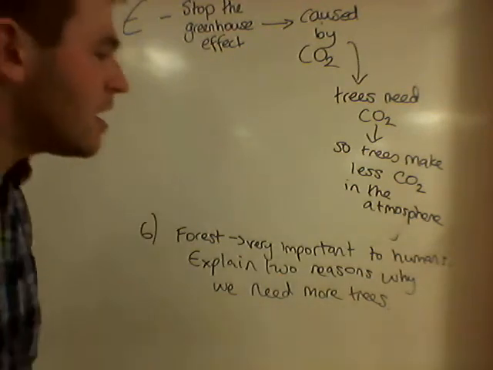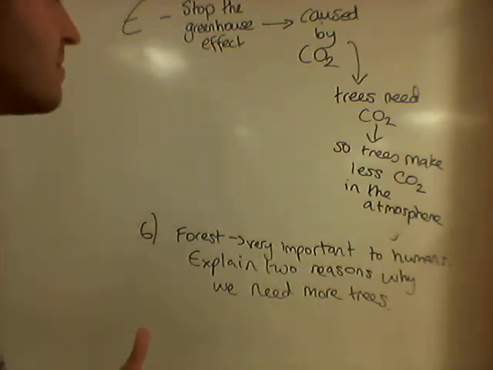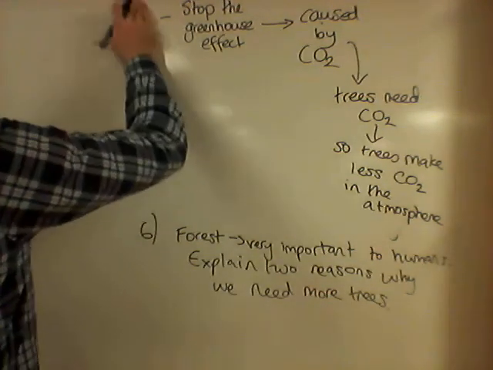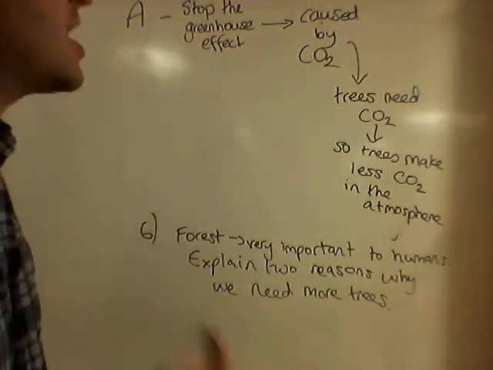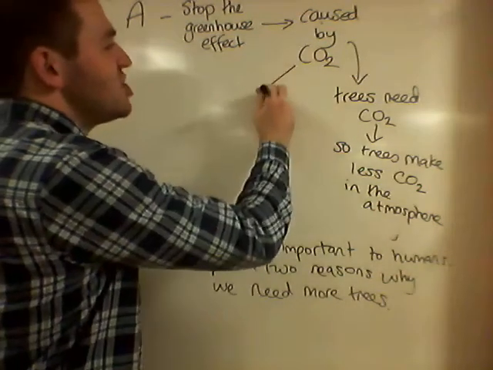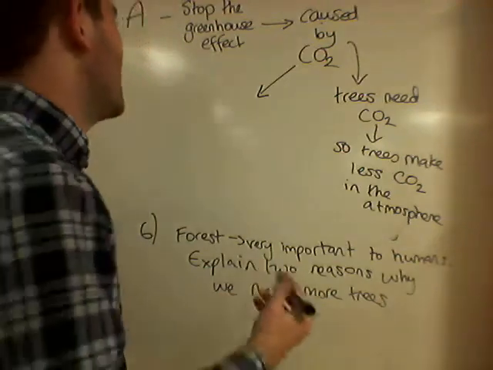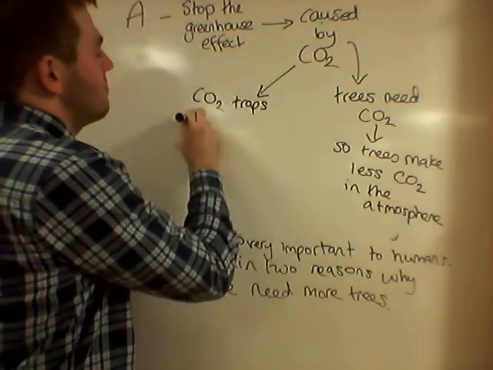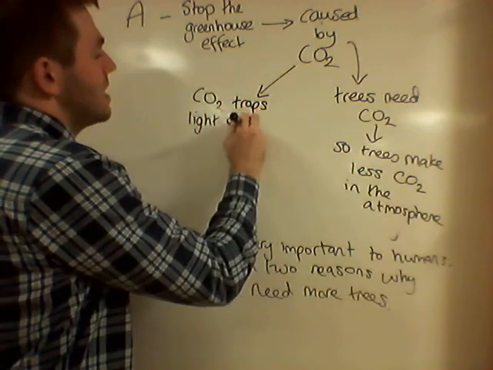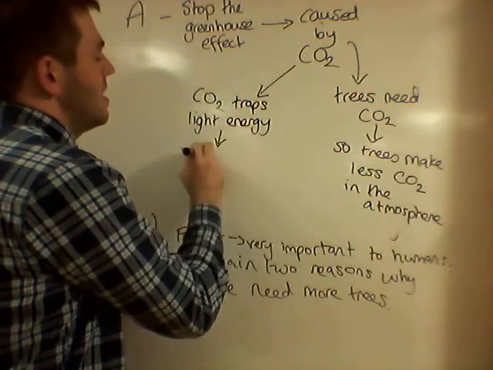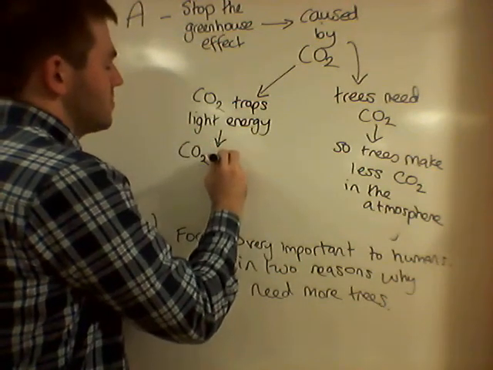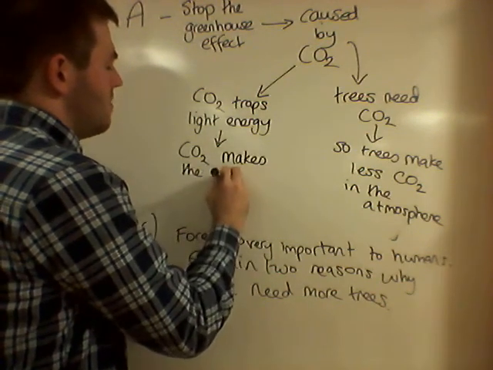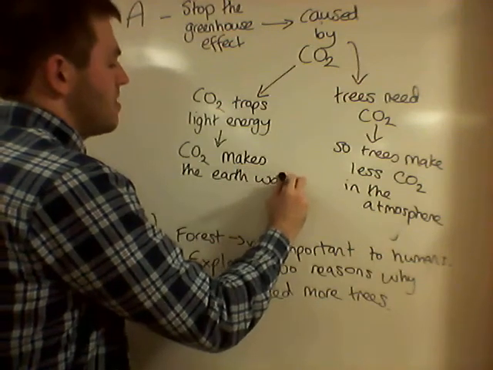That would be one idea up at the C level. If I'm looking for the A level, I need to go a little bit further. I might need to jump off at this point here in my answer and say how CO2 traps light energy. CO2 makes the earth warmer.